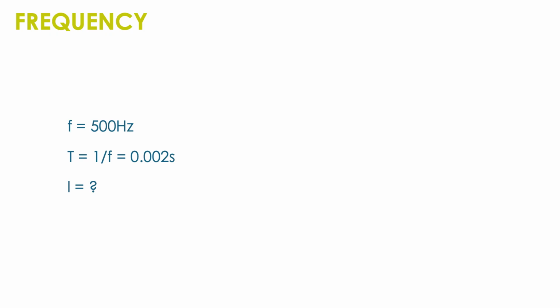So let's now provide some examples. Let's consider a sine wave at 500 Hz. The wavelength is about 0.68 meters. Indeed, since T is 1/f, it is basically 0.002 seconds, and L is computed as 340 multiplied by 0.002 seconds.